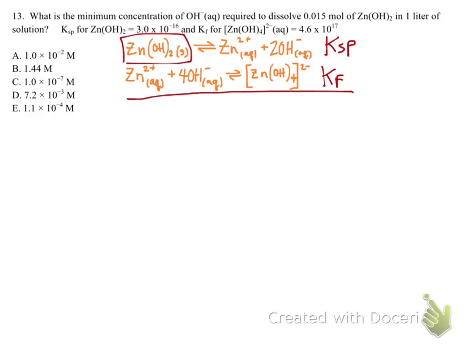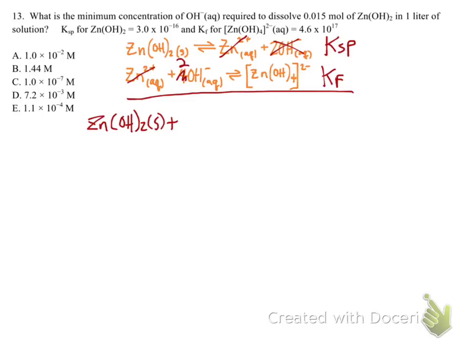sparingly soluble salt here. So I'm going to write the overall reaction. The overall reaction, well, let's see here. The zinc ions are going to cancel out. So we're going to get zinc hydroxide solid plus, well, these two hydroxides are going to cancel out.